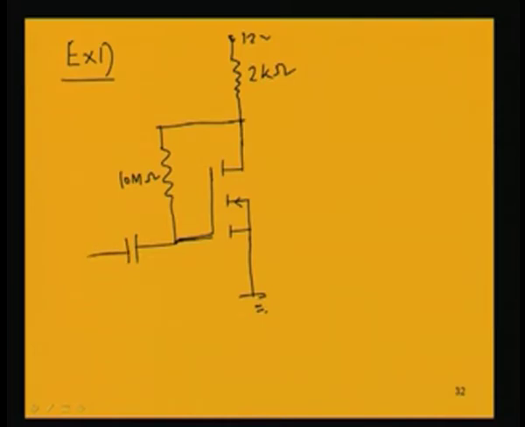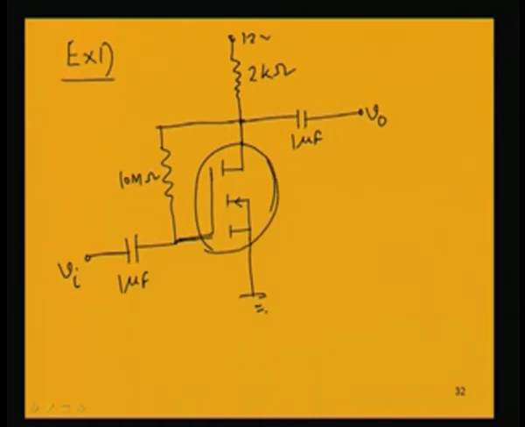The capacitances are there to block the DC. A 1 microfarad capacitance is here, and another is here at the output, which is also 1 microfarad. Now, the voltage at this output is say V naught. So, this is our N channel enhancement type MOSFET device.